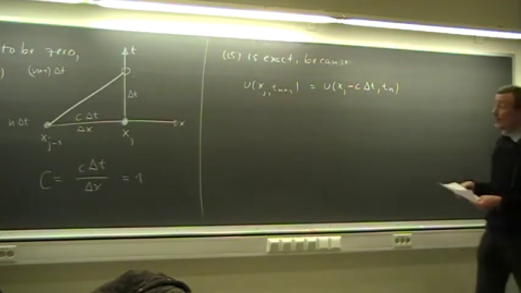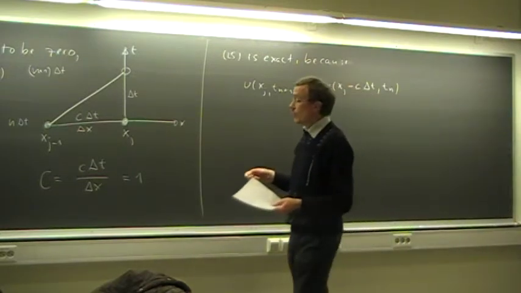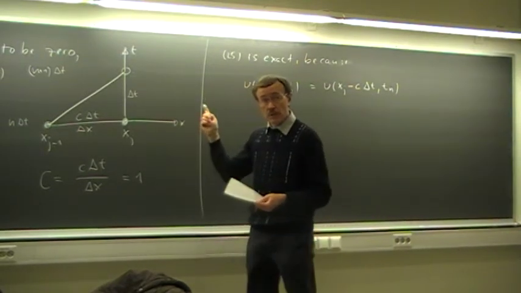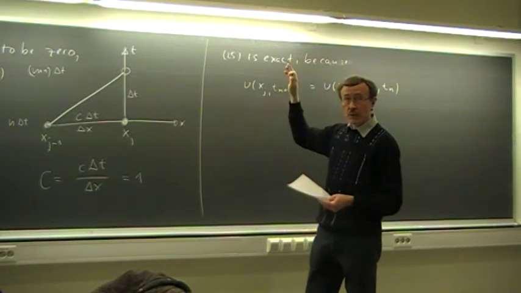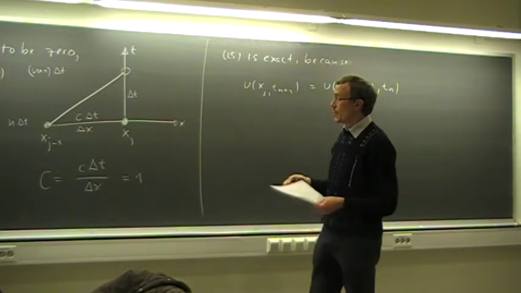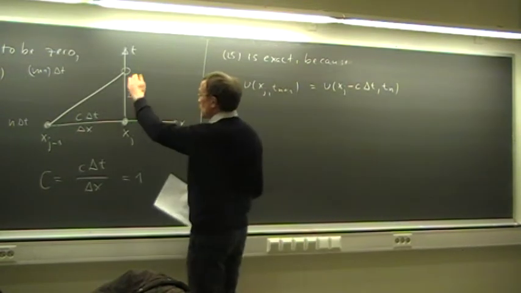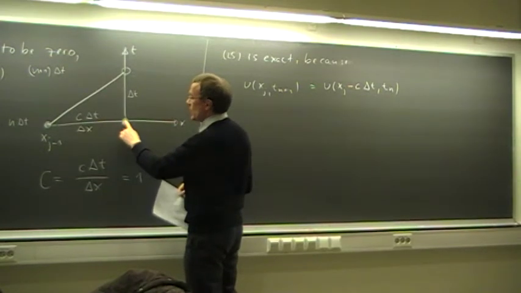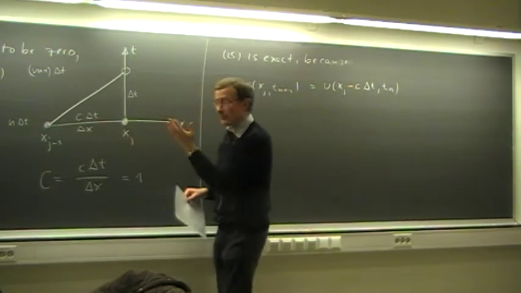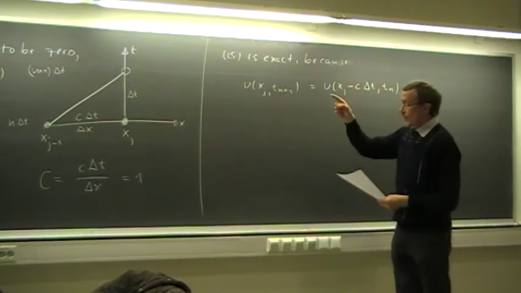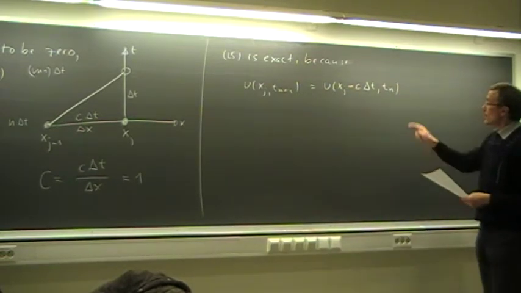And that is what we argued already before when we derived the stability condition. On the characteristic, the solution is constant. The characteristic will come from the point x_j minus c delta t. That is clear when we have the characteristic with the slope c.